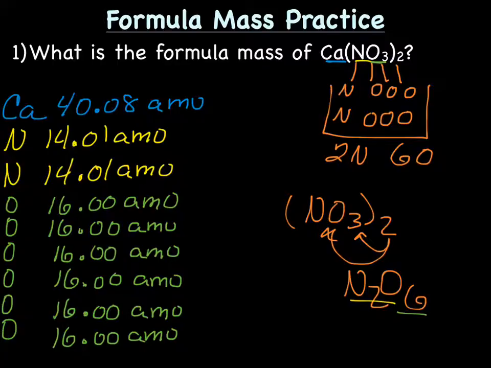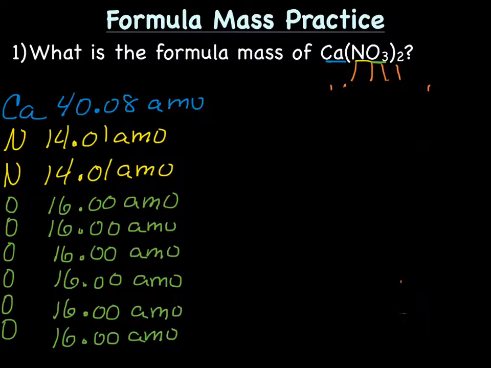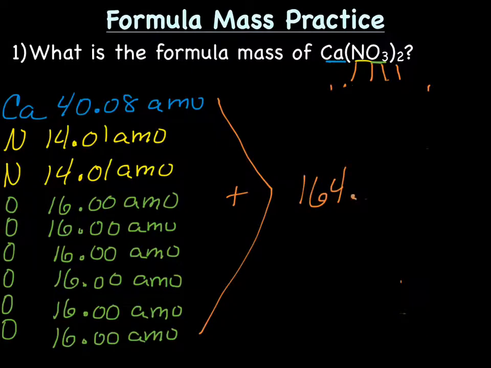All right, the next step is to take all of these masses and add them up. Be really careful with your calculator so you don't make an error. When I added all of these up, I came up with 164.1 AMU.